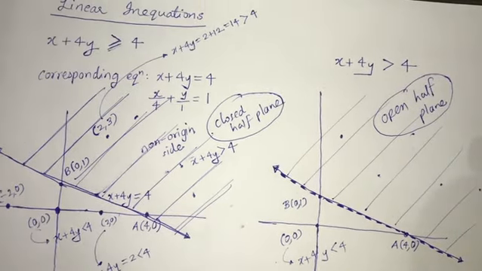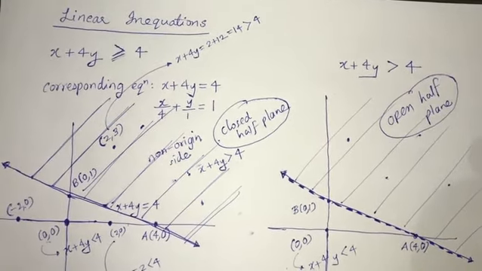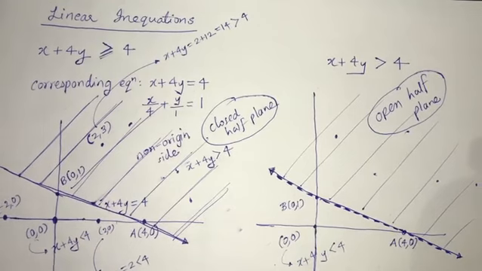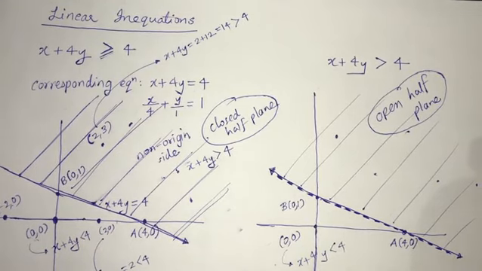So what I'm going to again tell you is, for linear inequalities, the solution is always a half plane. Here we have done two examples.